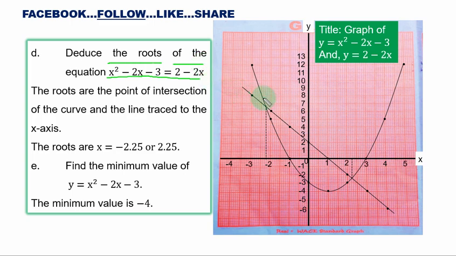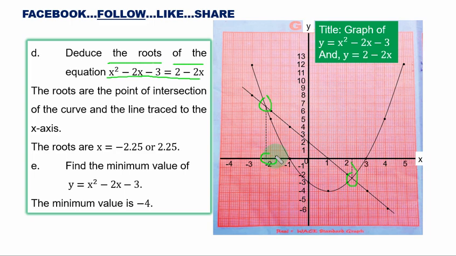One point is here, another point is here. You trace this point to the s-axis. You have it somewhere here, and it is in between minus 2.2 and minus 2.3. In between must be minus 2.25.